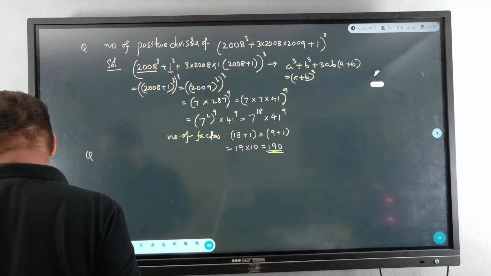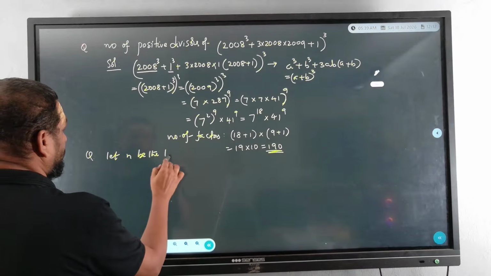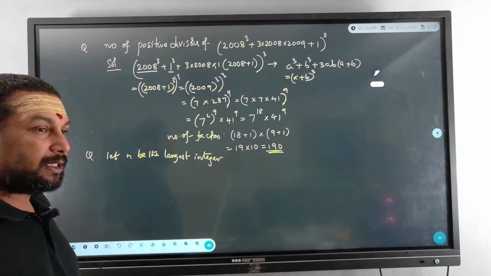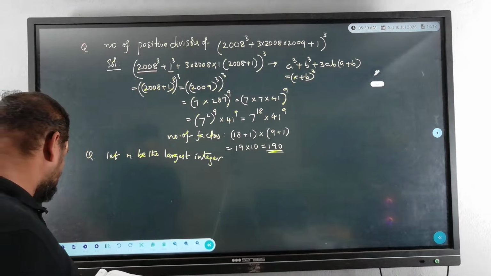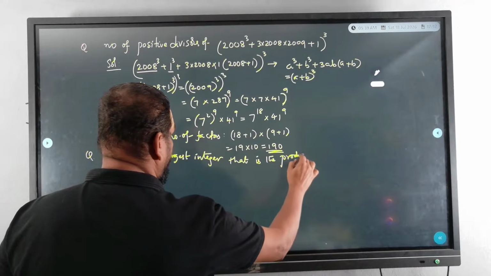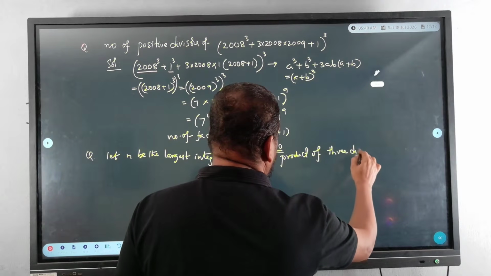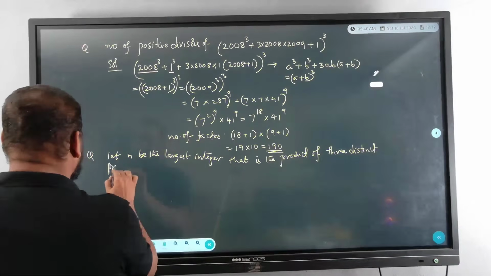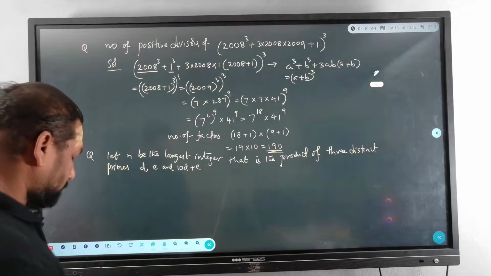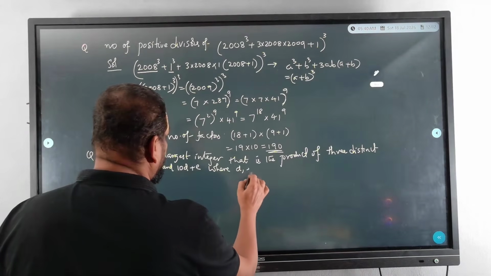See, one more question. Let n be the largest integer that is the product of three distinct primes D, E and 10D plus E, where D, E are single digits.